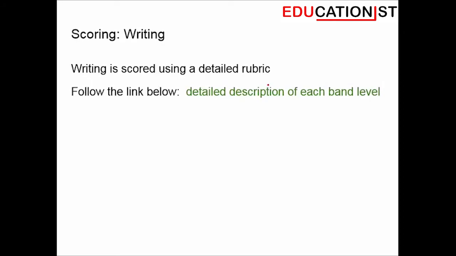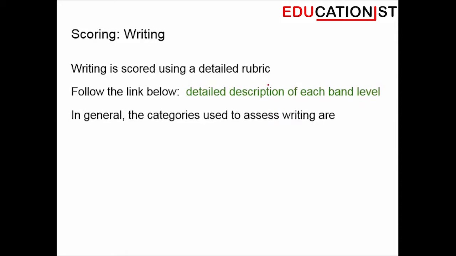So you can look at the rubric for writing. In general, we could describe the categories they're looking for in the following way. The first thing they want in your writing is that you show coherence and cohesion. Coherence and cohesion are all about how your writing and your ideas really stick together and make logical sense together.